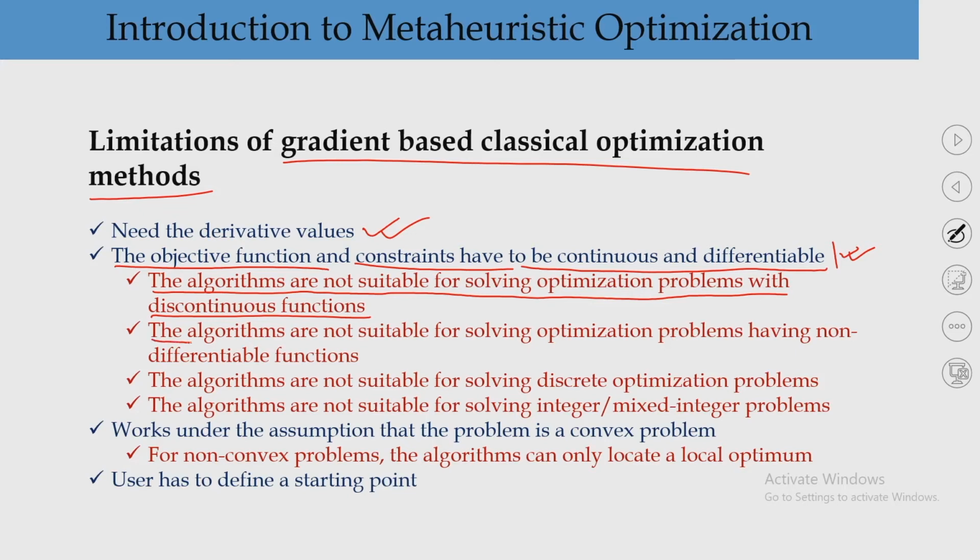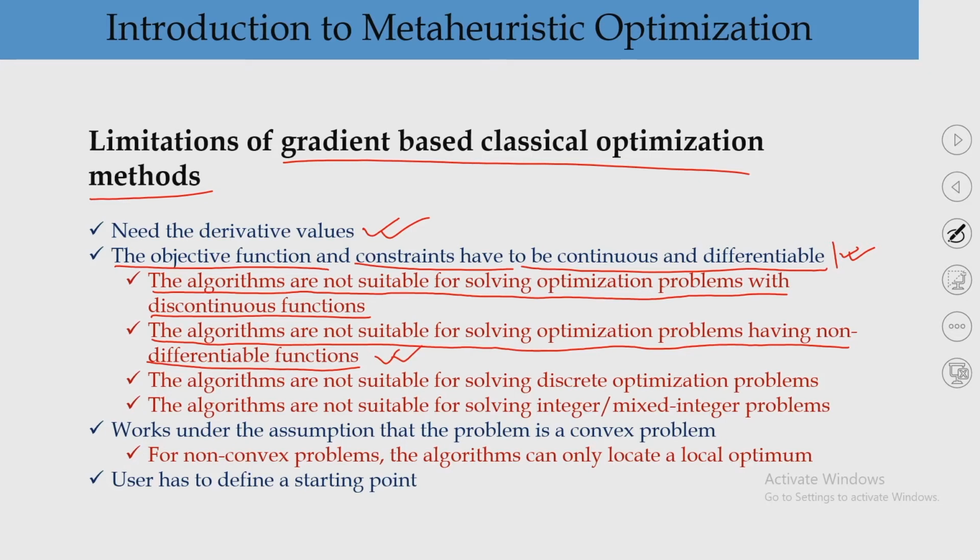The second limitation is that the algorithms are not suitable for solving optimization problems having non-differentiable functions. Okay. So, if your function is non-differentiable, it is a continuous function, but non-differentiable, in that case you will not be able to apply these algorithms.